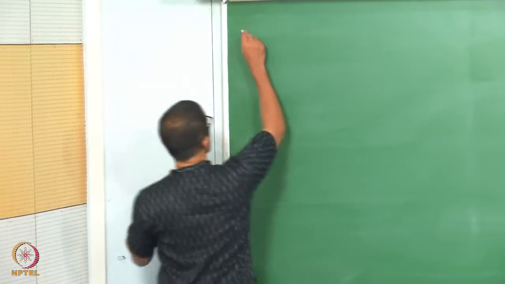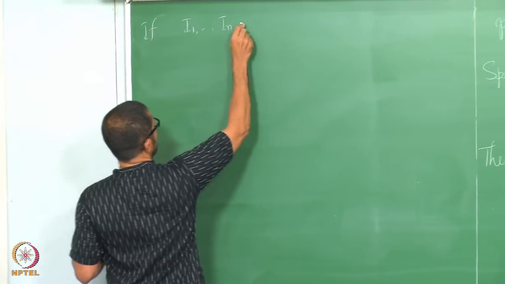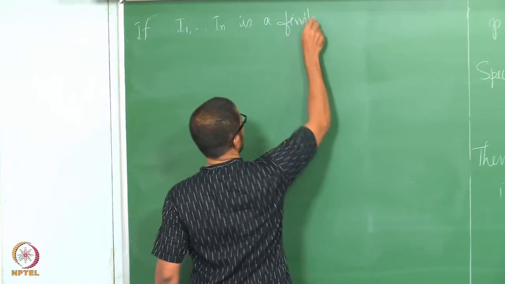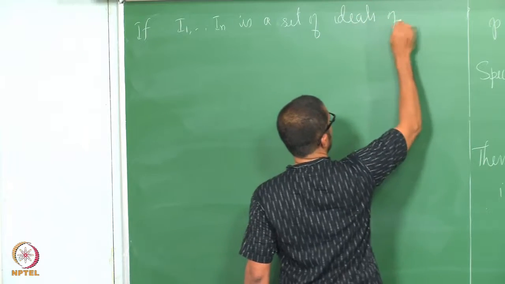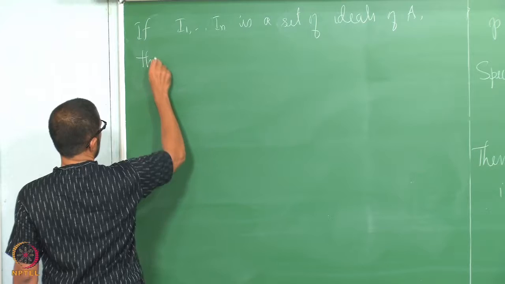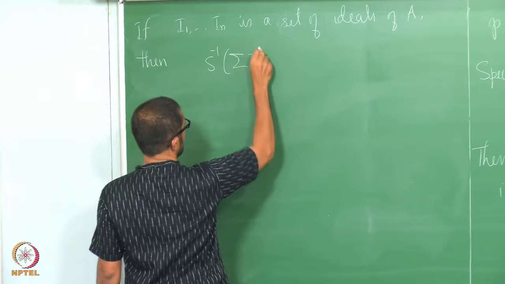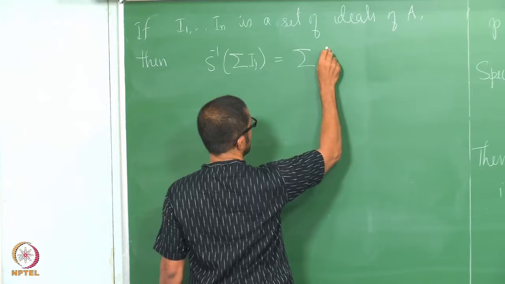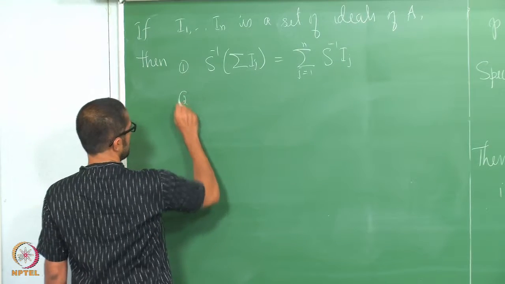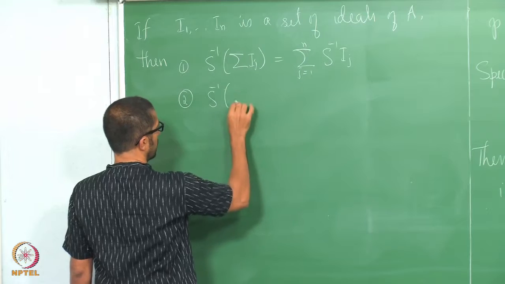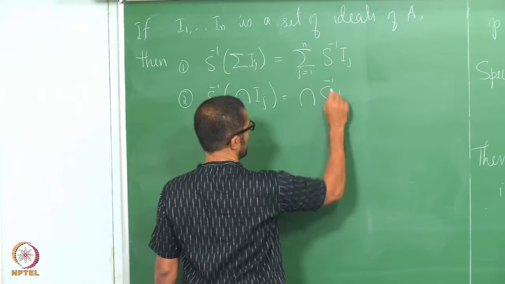So, if I1 up to In is a finite set of ideals, then S inverse of summation I j is the same as summation S inverse I j, j from 1 to n, and S inverse of intersection I j is the same as intersection S inverse I j.